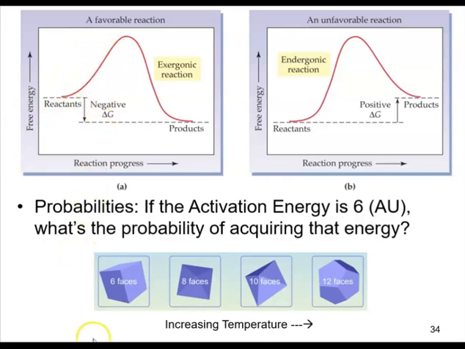With a 6-sided die, there's only one chance in 6 of rolling a 6. But with an 8-sided die, you could roll an 8, a 7, or a 6, so there are 3 chances out of 8. That's 37%. A 10-sided die gives a 50% chance. A 12-sided die is a 58% chance. So the more we increase the temperature, the more likely your reactants are to have enough energy to jump over this activation energy threshold.